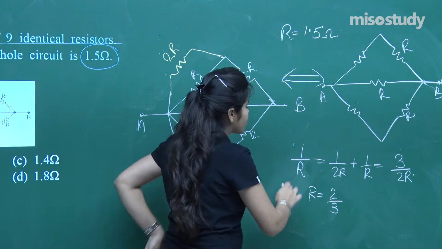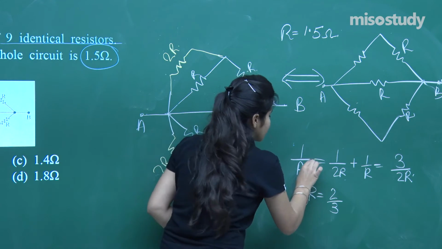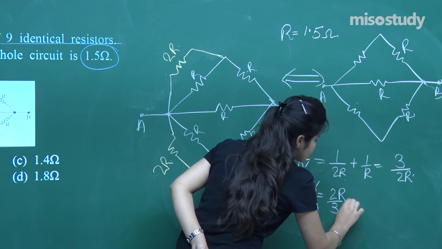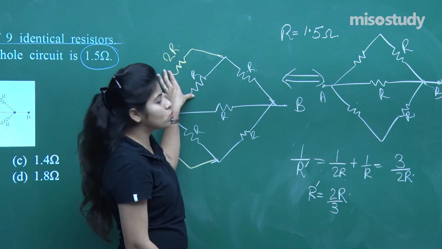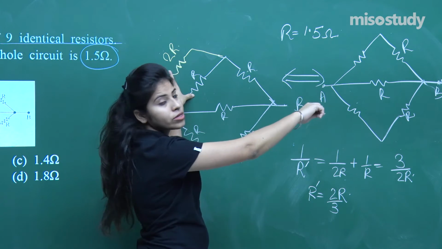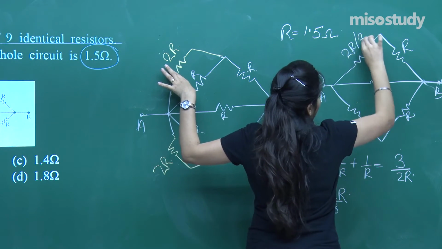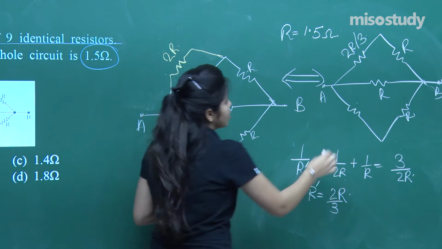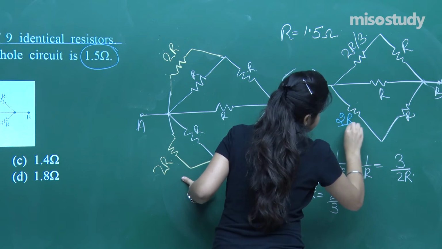Let me use a different symbol, you will be getting confused with this capital R and that capital R. So this is R prime. So your R prime will be 2R by 3. This is your combination of these two resistances, and so I am going to put this value over here, that is 2R by 3. And similarly, this value will also be 2R by 3.